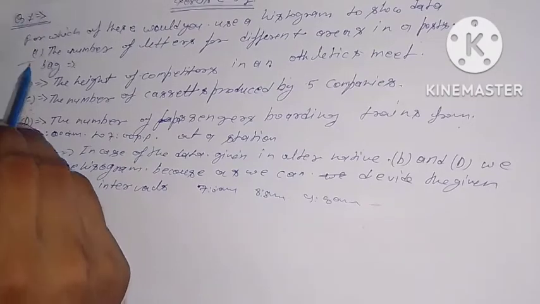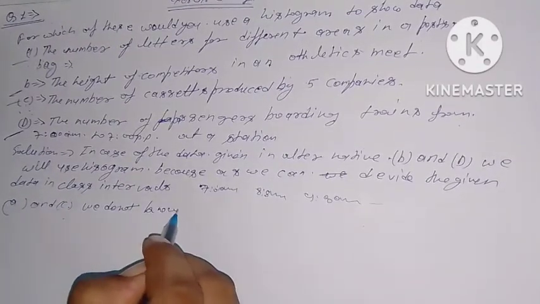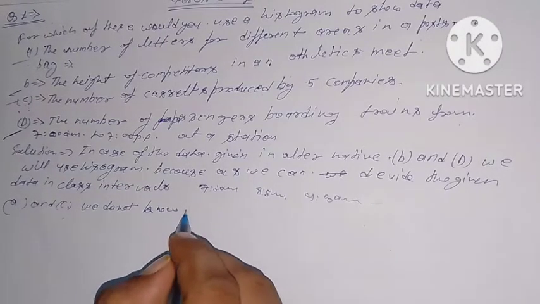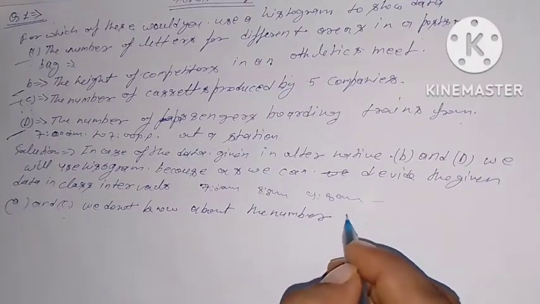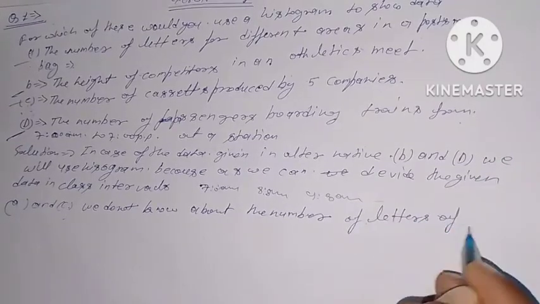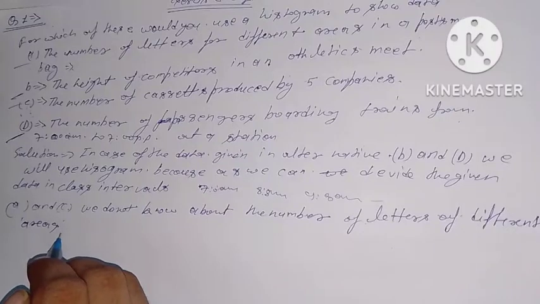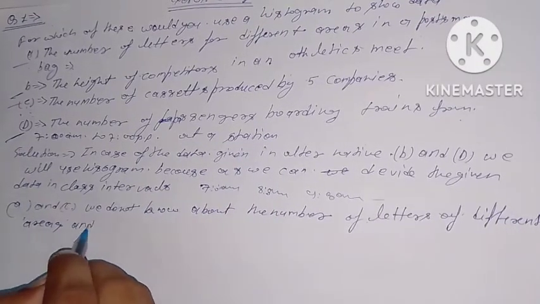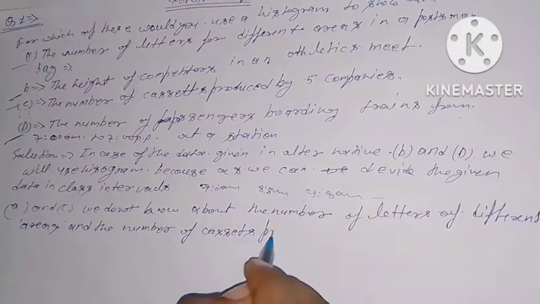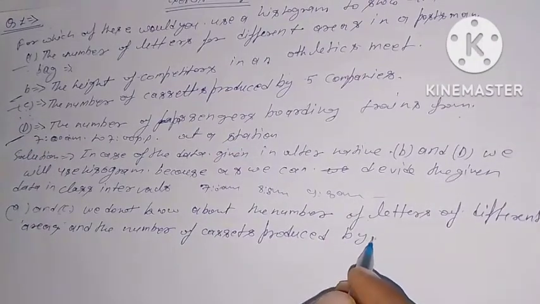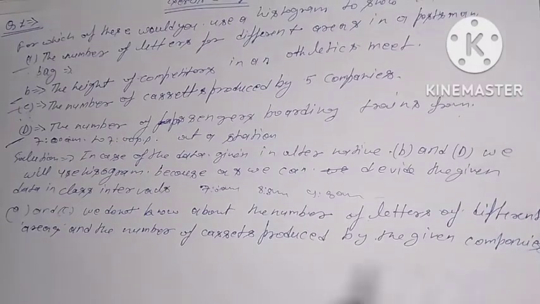In case of data A and C, we do not know about the number of letters of different areas and the number of cassettes produced by the given companies.